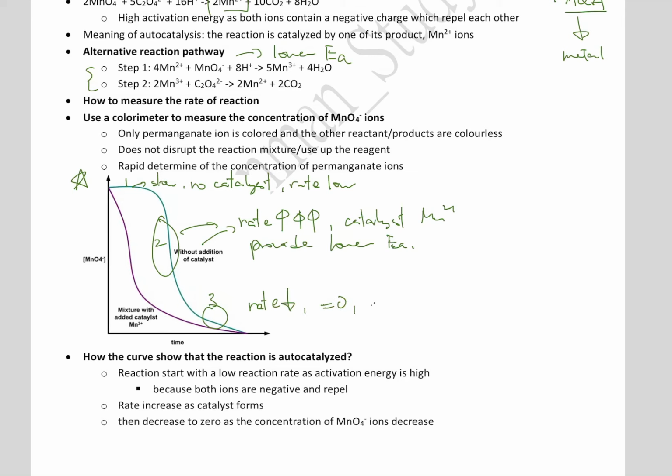The only reason can be that there's no more reacting, so no more reaction. So this specific point is the autocatalytic reaction. If you haven't added a catalyst, and you just let the reaction form the catalyst and then catalyse the reaction, the first part is really slow because you haven't formed any catalyst, and even a small amount of catalyst is not enough.